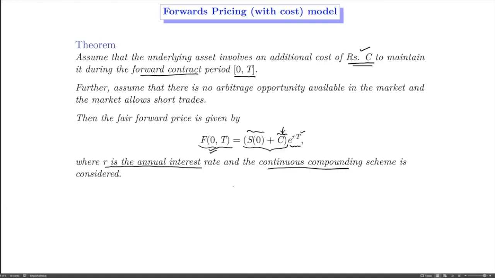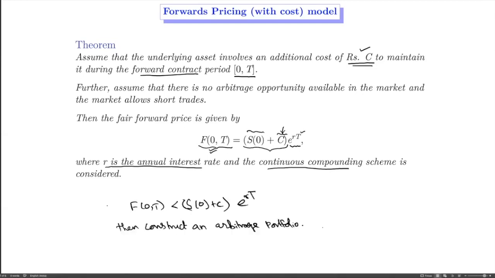So how will you prove this? You just assume that F of 0 comma T is less than S of 0 plus C into e to the power of RT, and then construct an arbitrage portfolio. How will you do it?